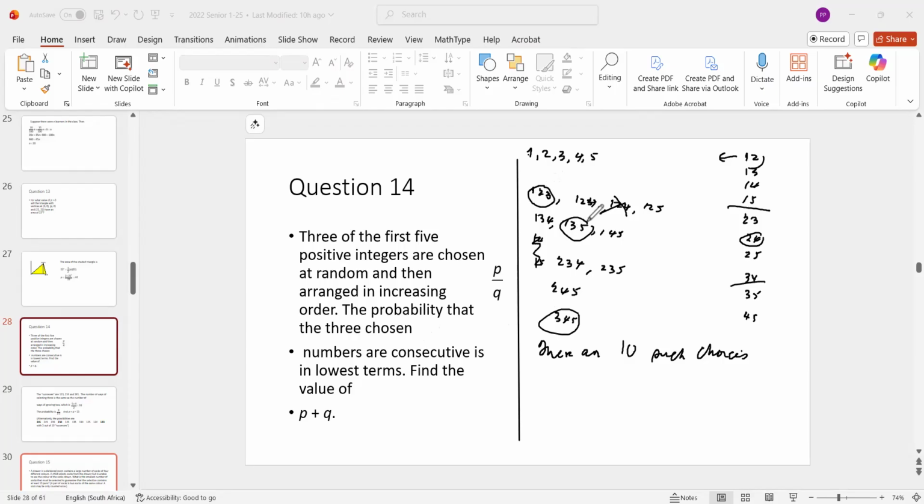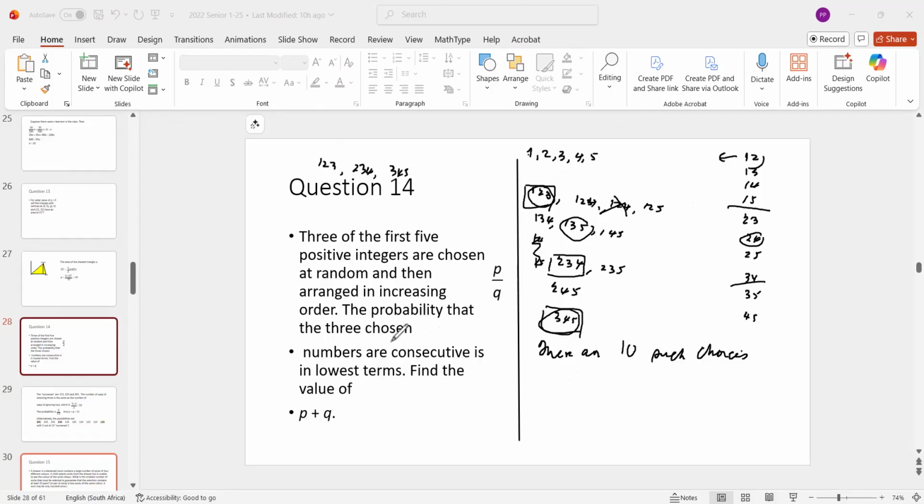1, 2, 3. Let's put that in square brackets. Then 2, 3, 4, and 3, 4, 5. Those are the only consecutive numbers. The one that starts with 1, the one that starts with 2, the one that starts with 3. So there are only 3 consecutive selections.